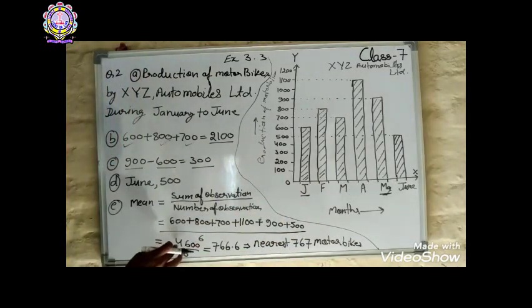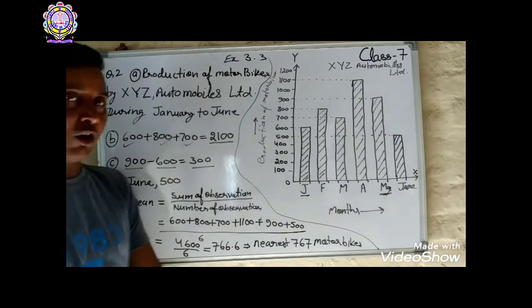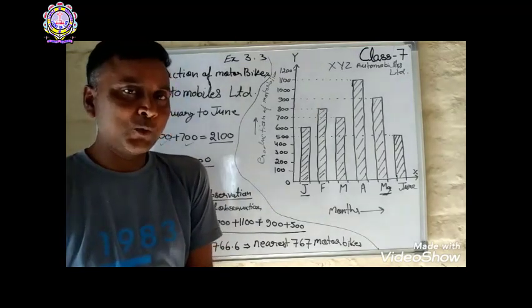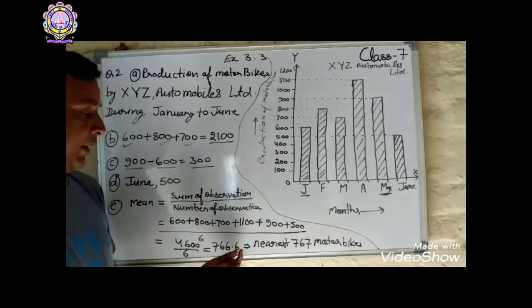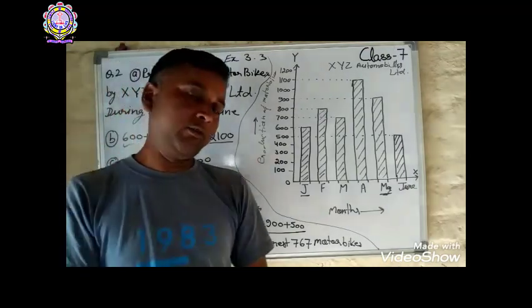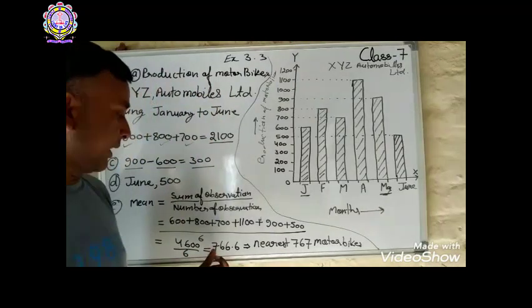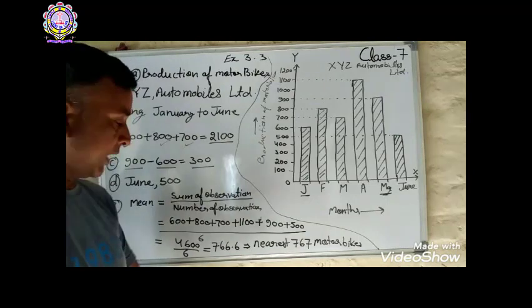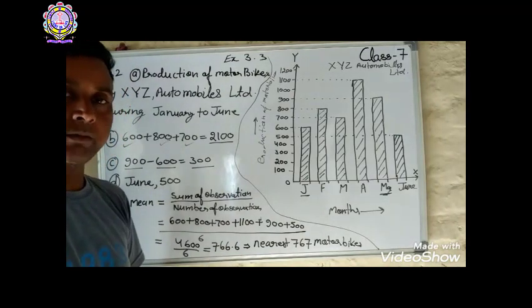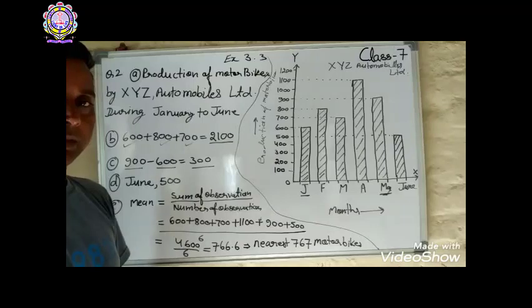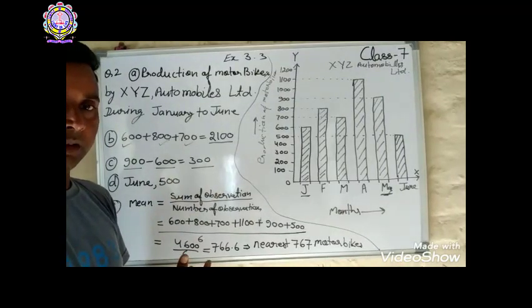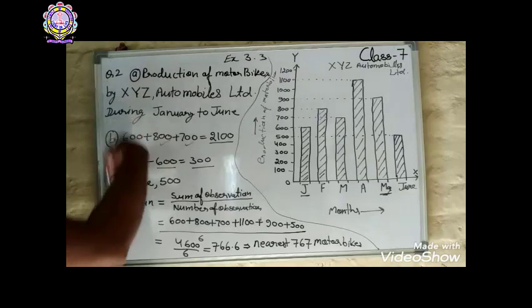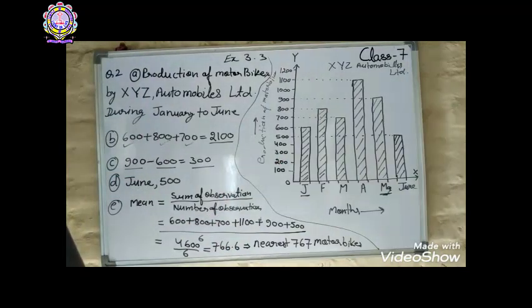Add them, you get 4600, divided by 6 and you get 766.6. But a bike cannot be in decimal. What will we do? We find the approximate value. So that is 767 bikes, because 6 is greater than 5, so we add 1 to it. I hope it is clear? Okay, so now copy the answer and draw the graph also.